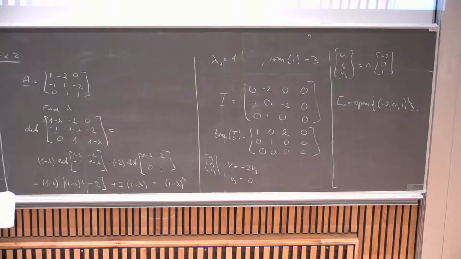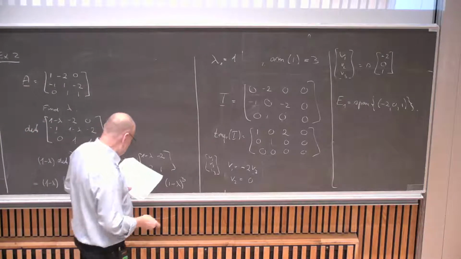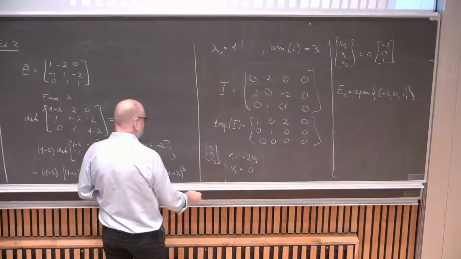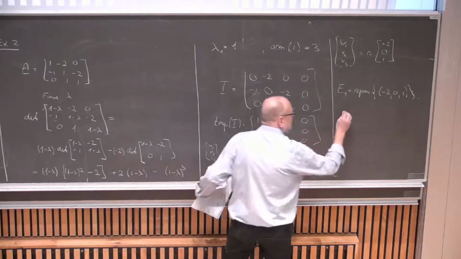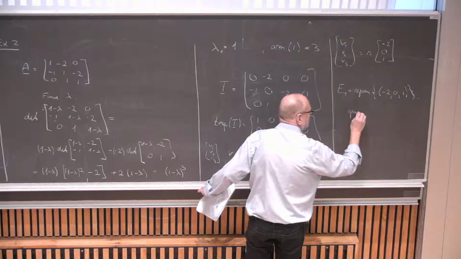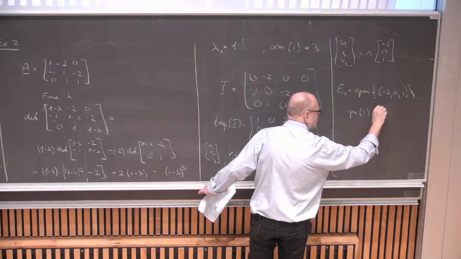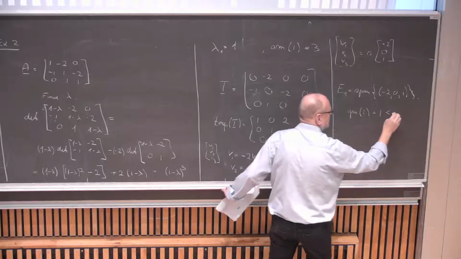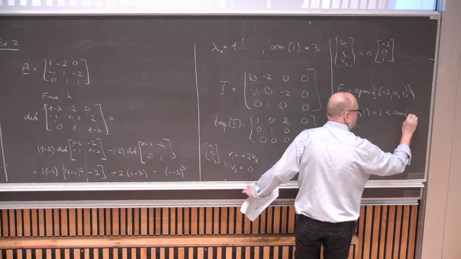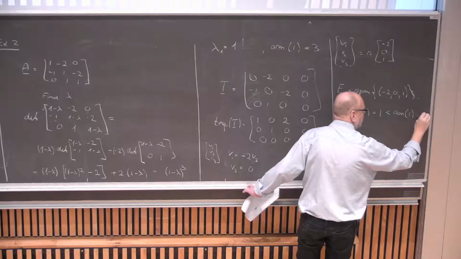So you see here that the geometric multiplicity is equal to 1, and this is less than the algebraic multiplicity, which is 3.